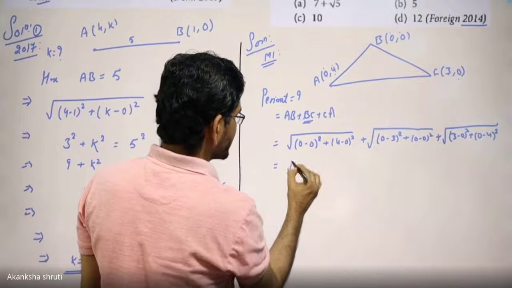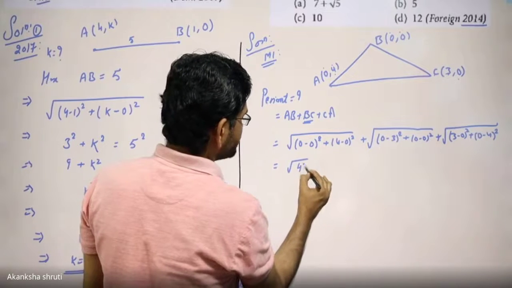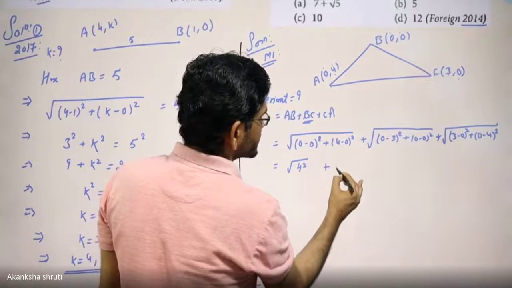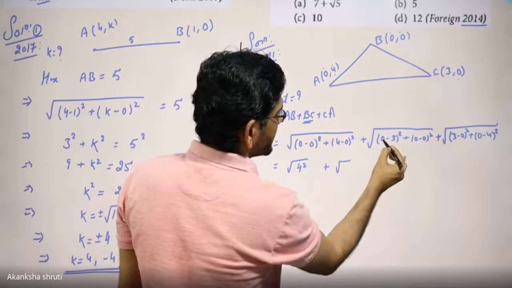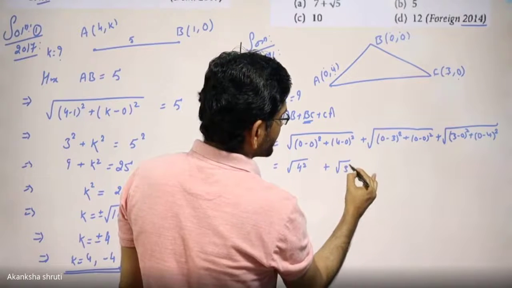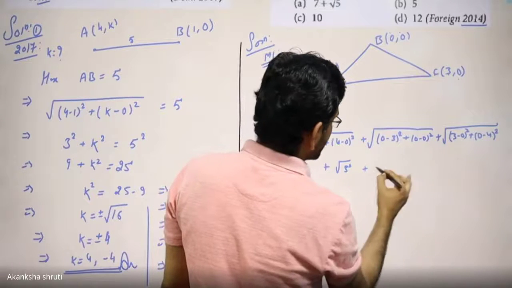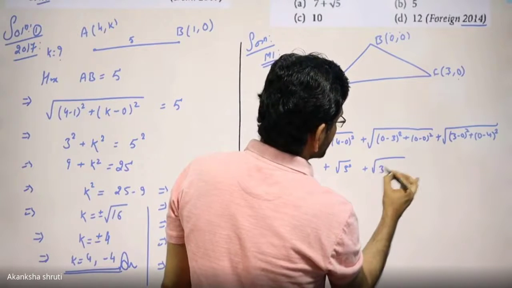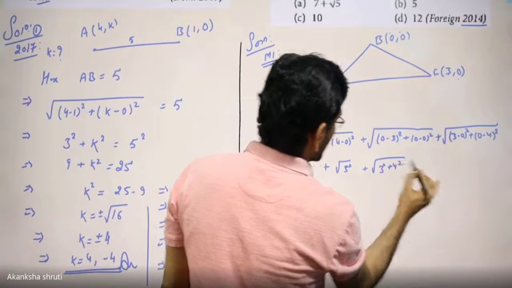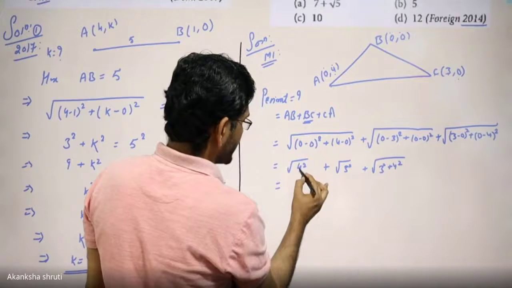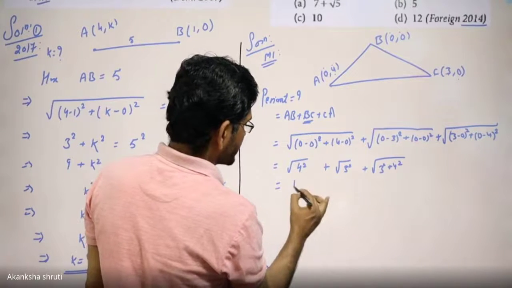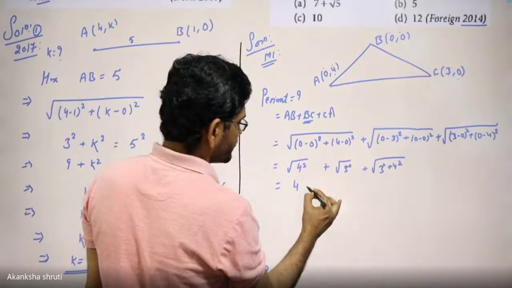So it is nothing but under root 4 square, the first term. The second term is under root 3 square. The other is 0, nothing to take. Plus the next one is 3 square plus 4 square. Students, this first one, under root 4 square, is under root 16, which means it is 4.